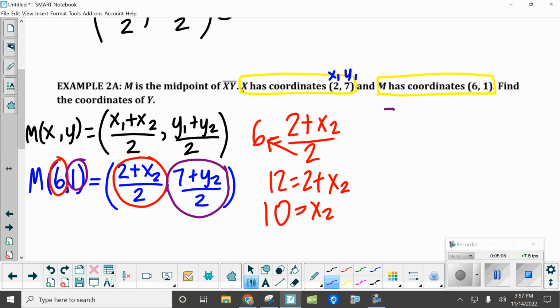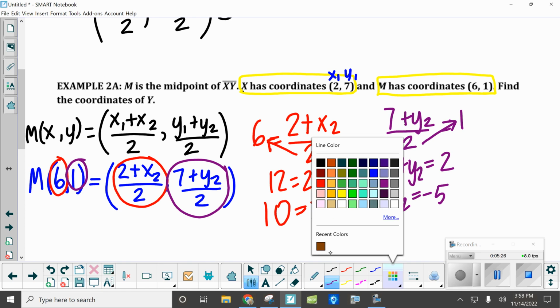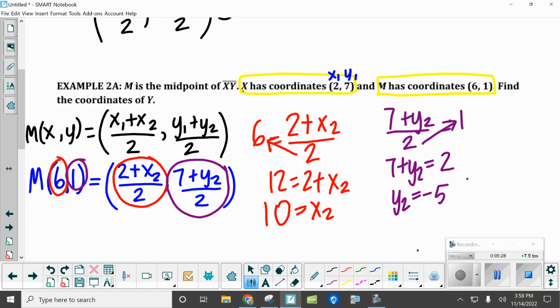So I've got 7 plus y2 over 2 is going to equal 1. Multiply here, so I get 7 plus y2 equals 2. So y2 is negative 5. So the point Y, my x value is 10. My y value is negative 5. And so you're done with that.